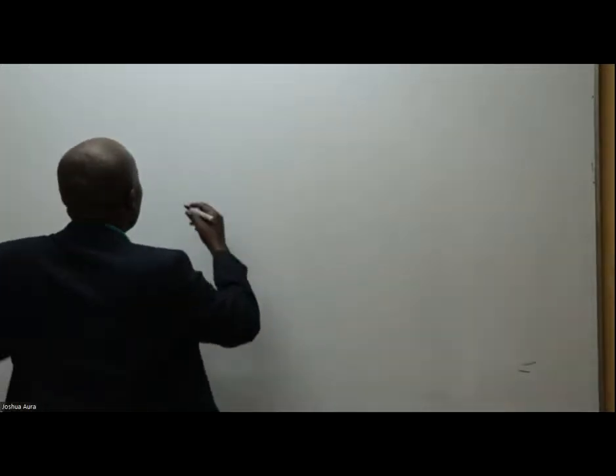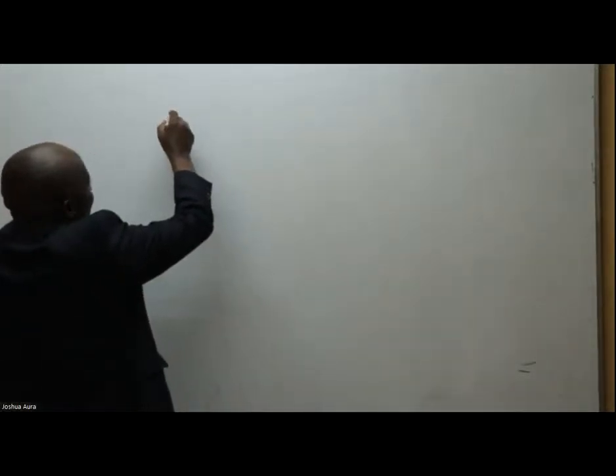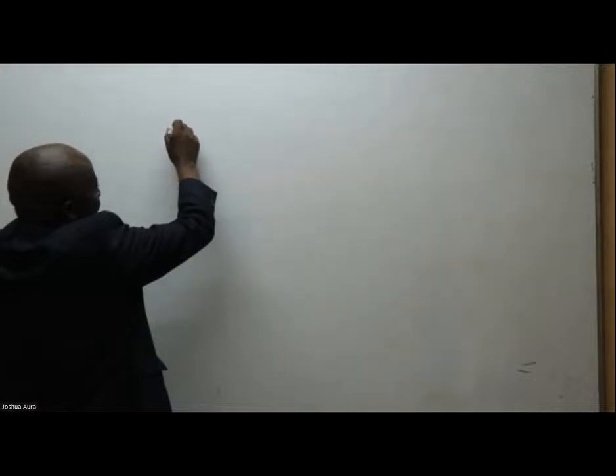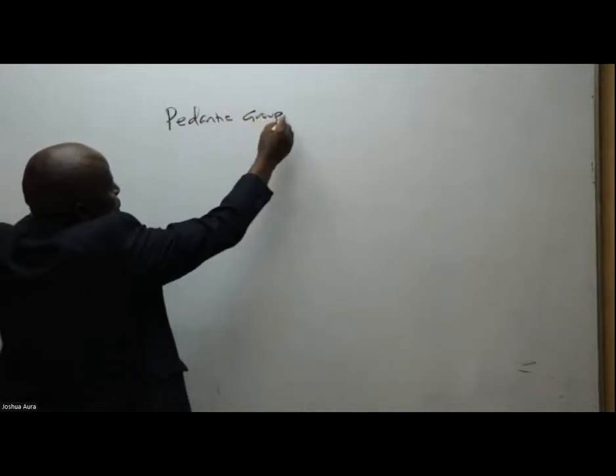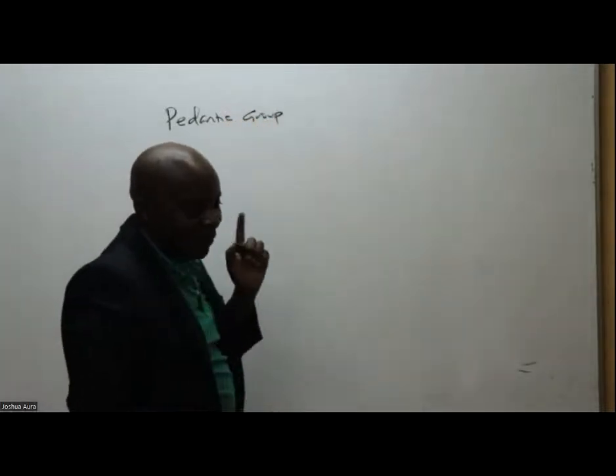You start with the name of the company. The name of the parent company is Pedantic, so we call this Pedantic Group. The group will always be called by the name of the parent.